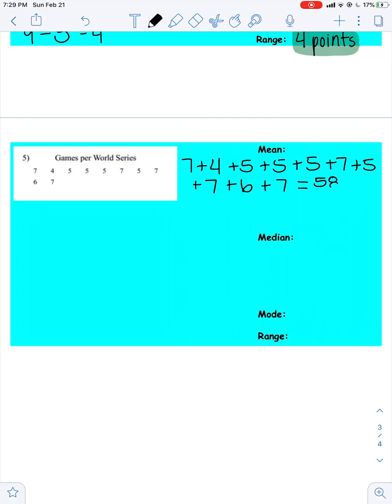That is going to give us 58. And we are going to divide that by 10 World Series to get 5.8 points.